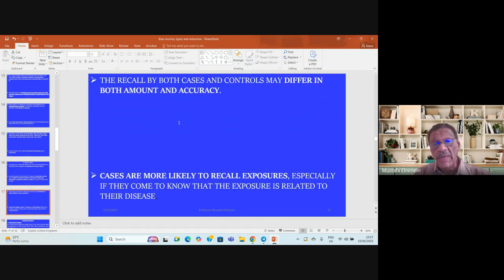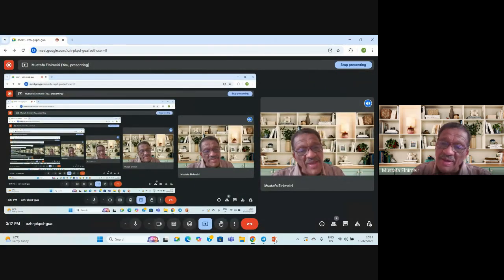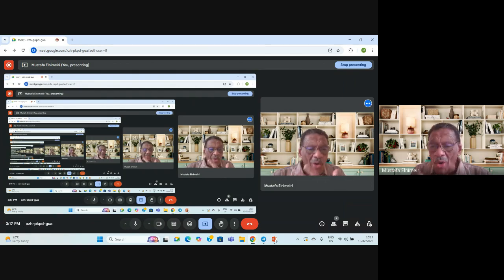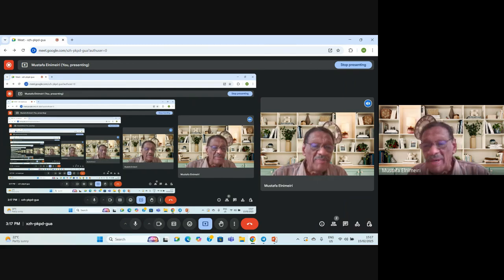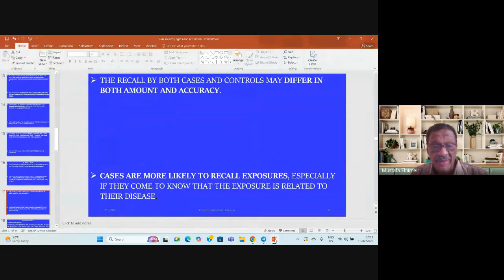The recall by cases and controls may differ in amount and accuracy, especially if cases come to know that their exposure is related to the disease, then they will recall the information in a different manner than the controls who are not suffering from the disease.